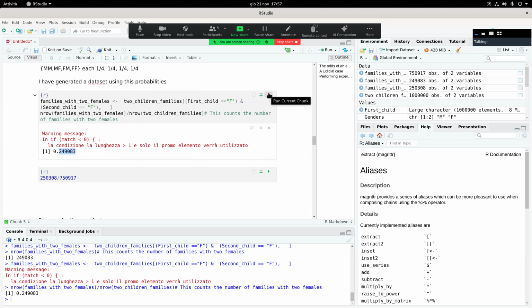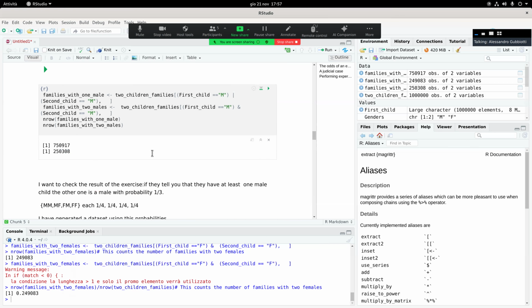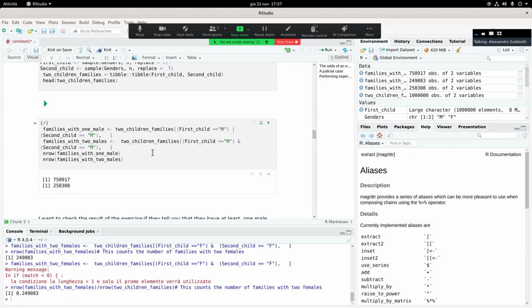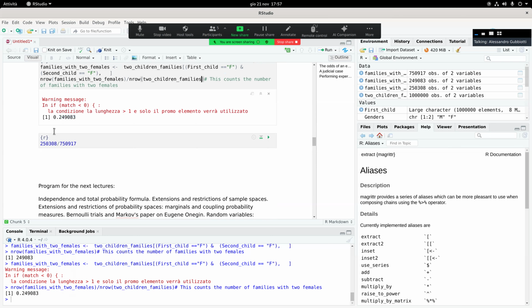This means that what you expect, if they tell you just I have 2 children, you will assume that the probability of seeing 2 females is 1/4. This is what you expect. But if they tell you one more piece of information, they tell you that they have 1 male.